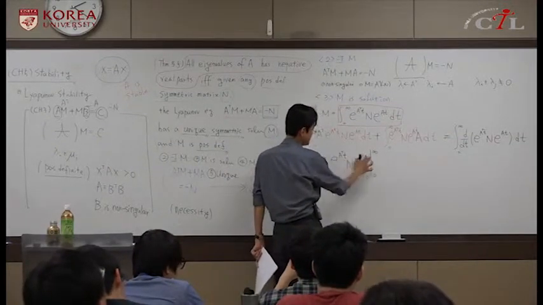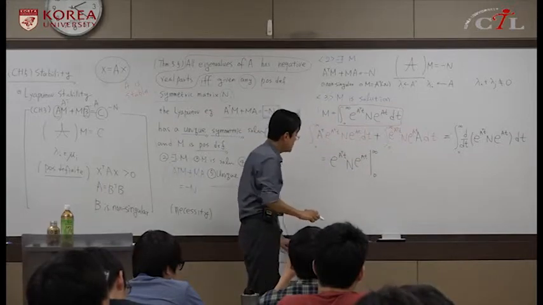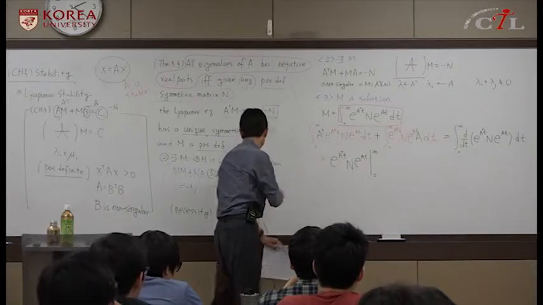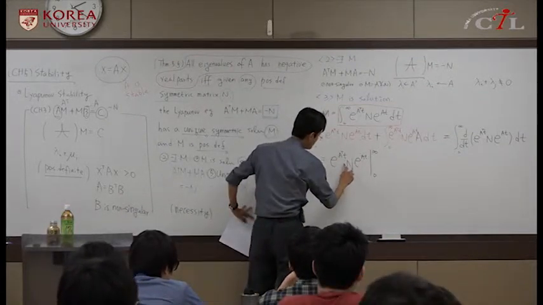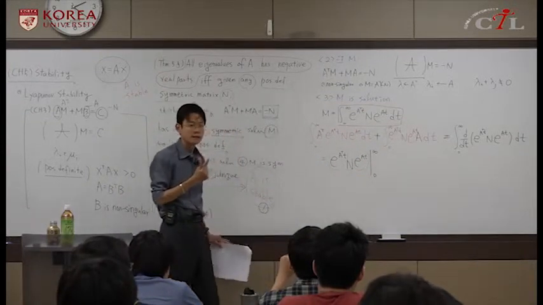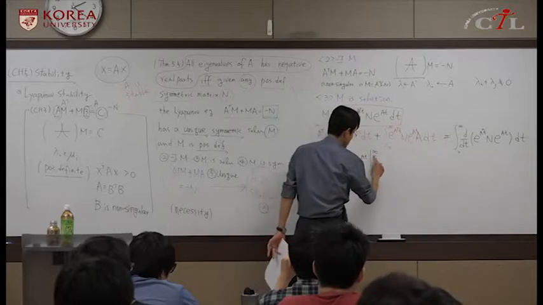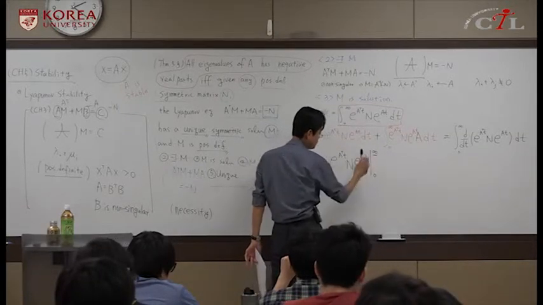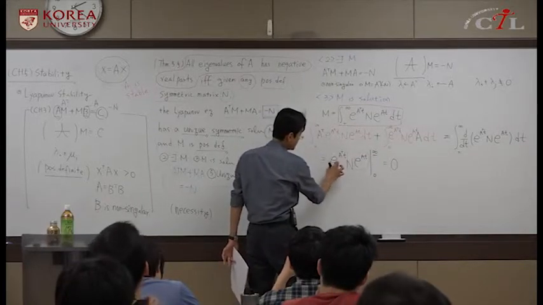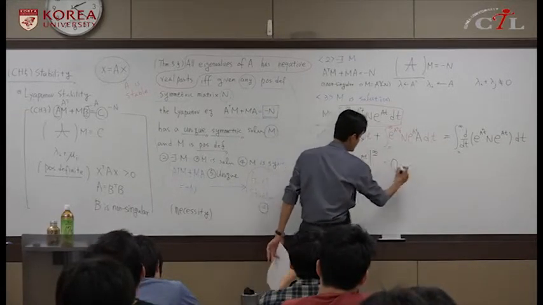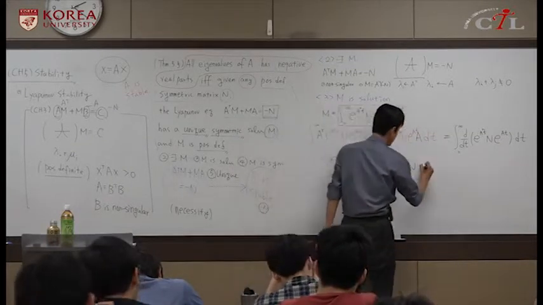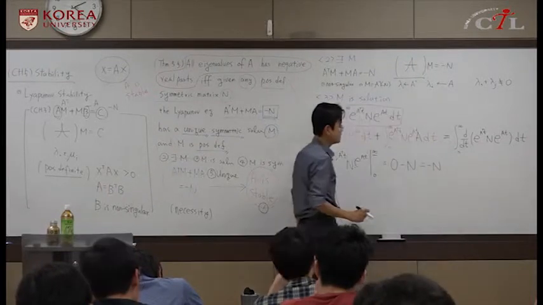If we put t to infinity here, then as you assume that A is stable, this term and this term will converge to nothing. So for the infinite case, it's nothing. If I put 0 here, e to the 0 is 1, e to the 0 is 1, so this is minus N. So this is equal to minus N.